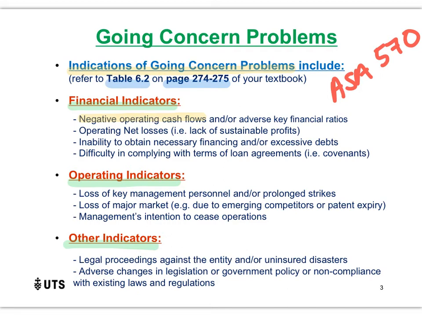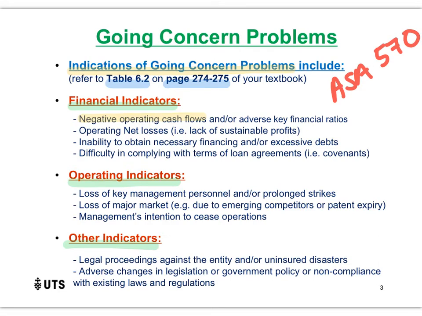So more cash is leaving the business than coming in. Now that's a really, really big risk, because if the business is paying more cash than what it's receiving, it will ultimately cause a lot of strain on their ability to, remember, pay their debts as and when they fall due. So we always look at cash flows, because cash flows is a really important element here.